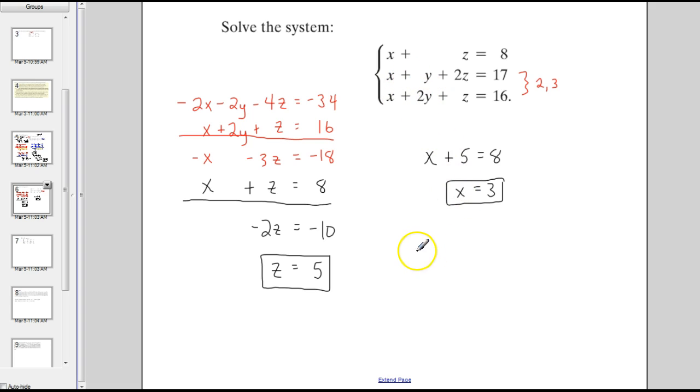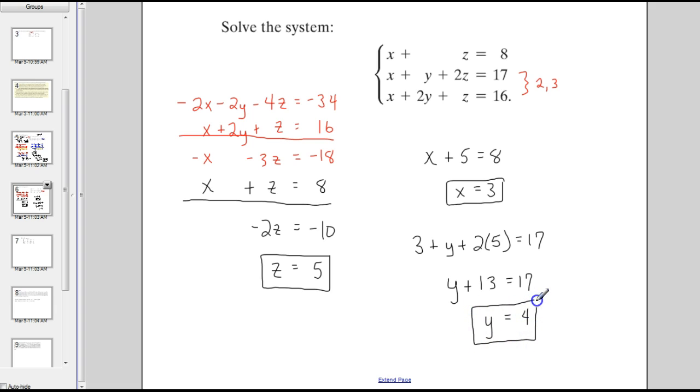So x is 3 plus y plus 2 times z, which is 5, equals 17. 2 times 5 is 10, plus 3 is 13. So y plus 13 equals 17. Subtract 13 from both sides and you get y equals 4. So 3, 4, 5 is our proposed solution here.